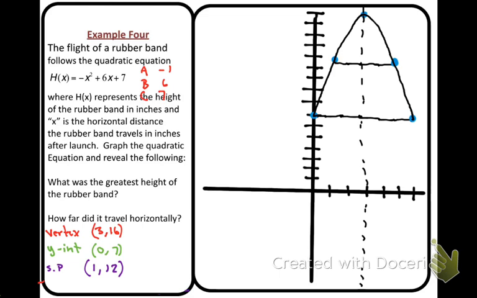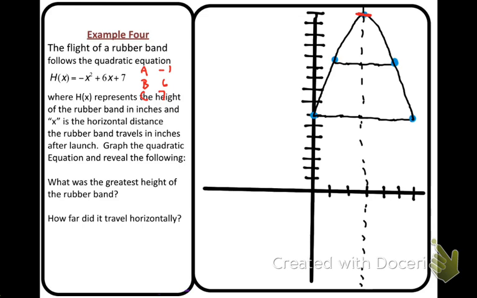So now that we have our parabola, it's time to start answering these questions. So the question down below, let's see, I'm going to erase this little stuff so it doesn't get in the way. What was the greatest height of the rubber band? So what is the highest that the rubber band reached? And if we look, the maximum that it reached was right there.